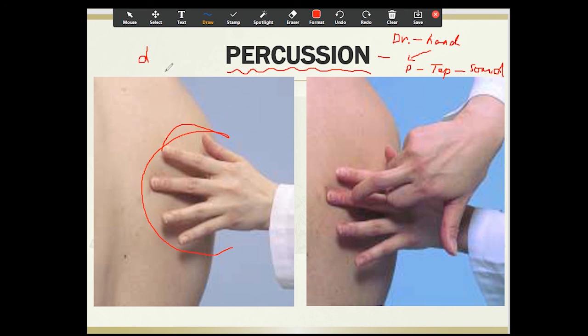So we have direct percussion and indirect percussion. Direct percussion uses one hand. Indirect percussion uses two hands.